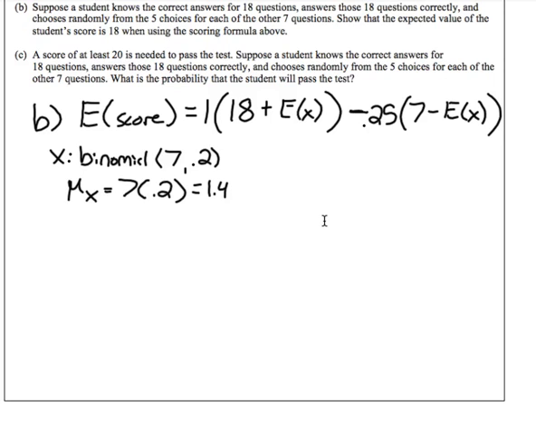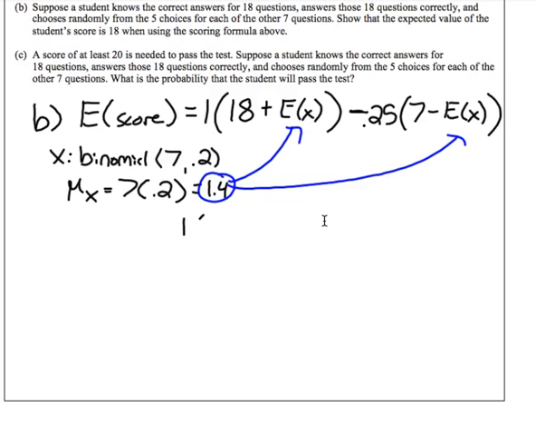So if we take 7 of these things, each with a probability of 0.2, we would expect to get about 1.4 right. Okay, 7 times that 0.2. So if this is what we're expecting to get right, that is actually our expected value for those remaining 7.